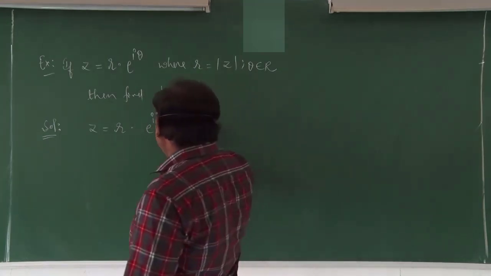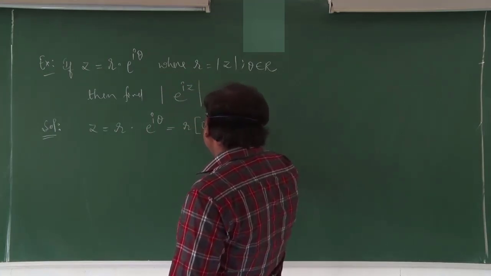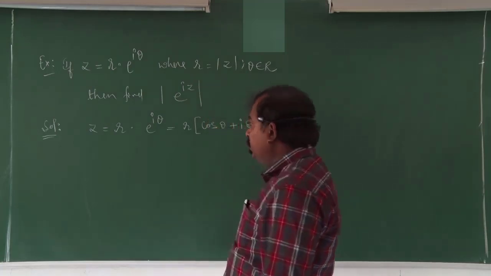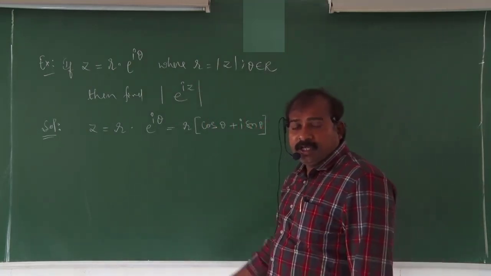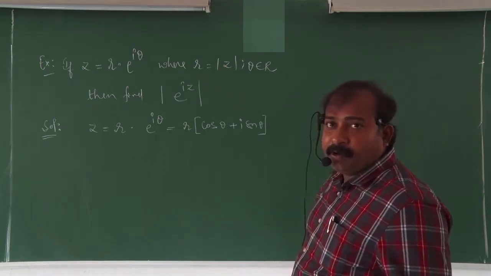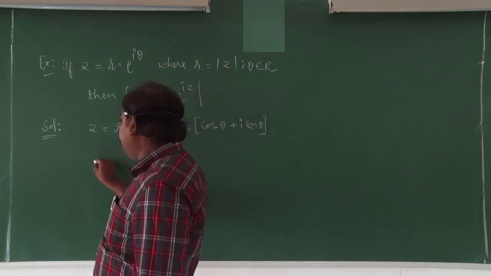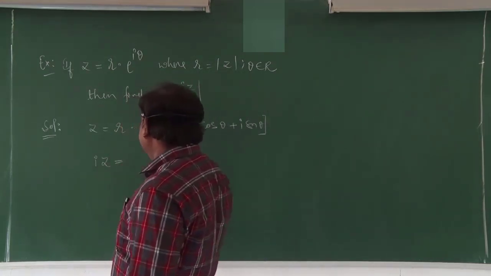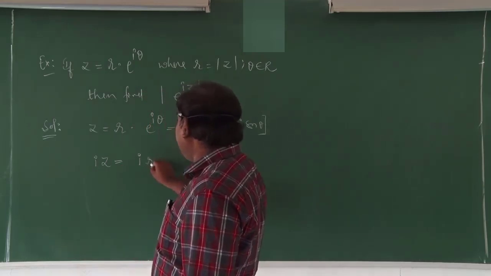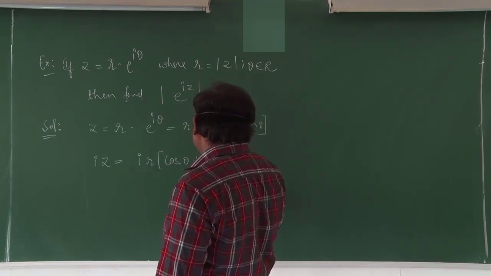What is e power i theta? cos theta plus i sin theta. That is the Euler form of a complex number, so you can write e power i theta as cos theta plus i sin theta. Then calculate iz first. Therefore iz is equal to i into z, which is i times r into (cos theta plus iota sin theta).